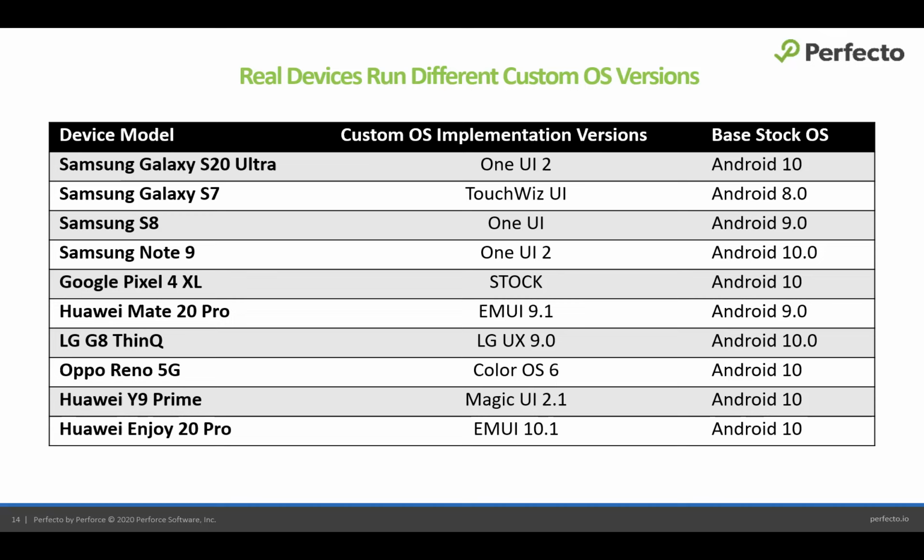If you are dealing with the latest Samsung S21, it actually runs on One UI 3.1, and you see other examples here. So this is why it's so important to deal with devices and operating systems and match these different scenarios across these operating systems, because they are not always like the Google stock OS version that is out there.